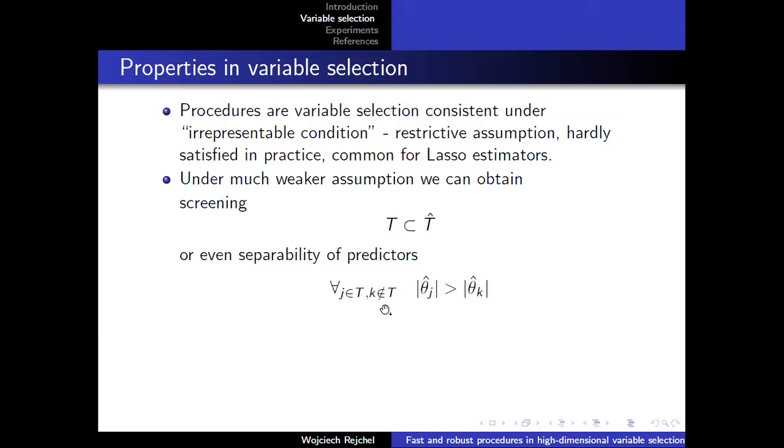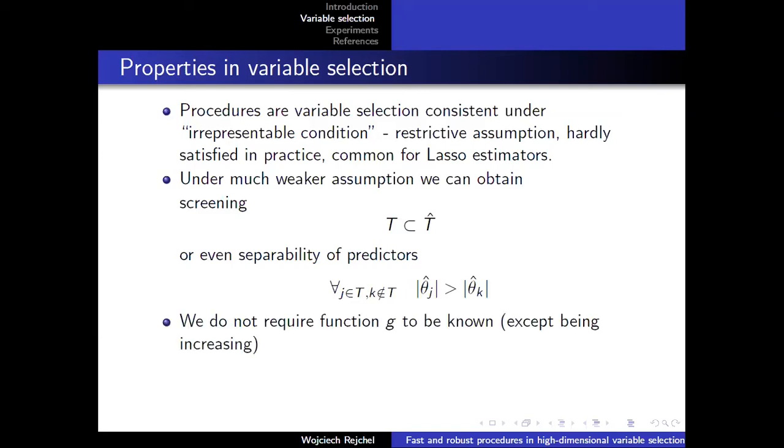So this is called separability. I am able to separate irrelevant predictors from the relevant predictors. But the important feature of our procedures is that in the binary regression, we do not need the function G to be known. All we need is that it is increasing.